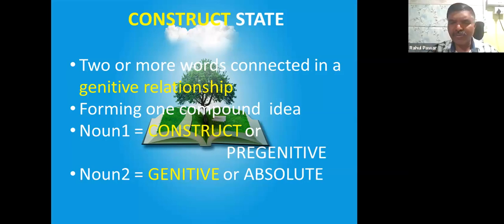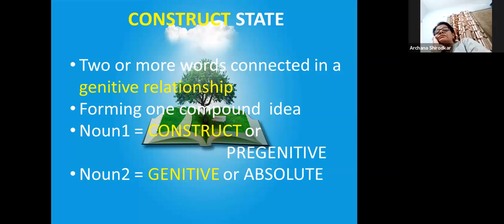A genitive or absolute state noun doesn't undergo change. It will never ever change. It will remain as it is. So when I'm saying first noun, there may be one, two, three, four, five, six, many nouns in pregenitive construct state. It is attached to the one noun in absolute state.